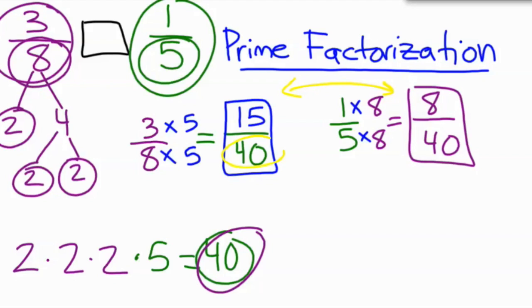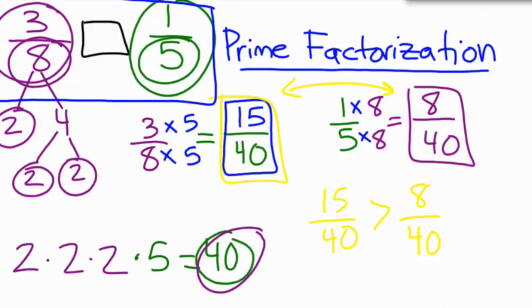Now we have two fractions with the denominator of 40, and we can look quickly at each one. 15/40 and 8/40. Because 15 is larger than 8, we know that 15/40 is greater than 8/40. In much the same way, we know that 3/8 is greater than 1/5, because 15/40 is equivalent to 3/8. So we can go ahead and fill this in: 3/8 is greater than 1/5.